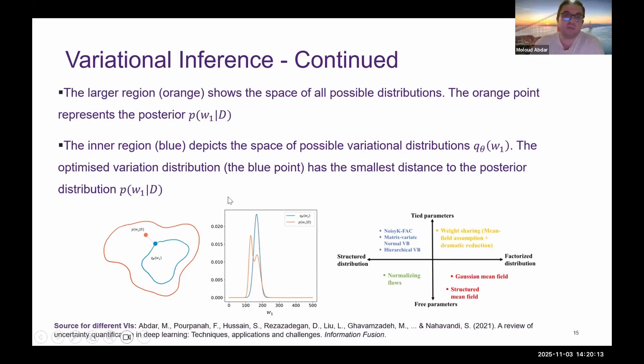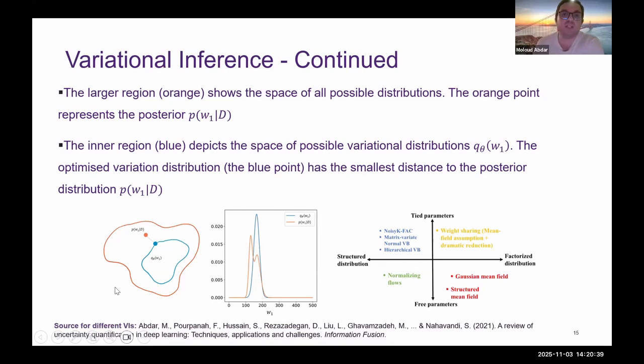The larger region in this figure, the orange color, shows the space of all possible distributions. The orange point represents the posterior. This is the posterior that we have. The inner region, the blue one, is the space of possible variational distributions.